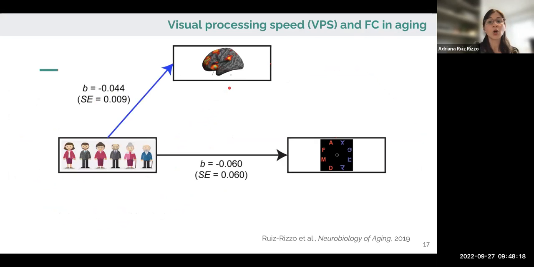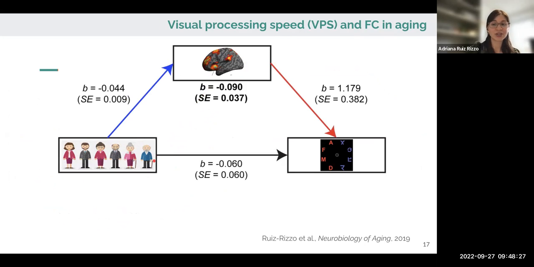Furthermore, we found that decreased functional connectivity in the cingulo-opercular network mediated the association between age and visual processing speed. So what we had expected from the beginning.